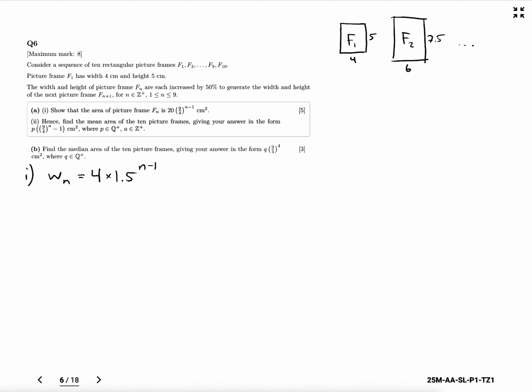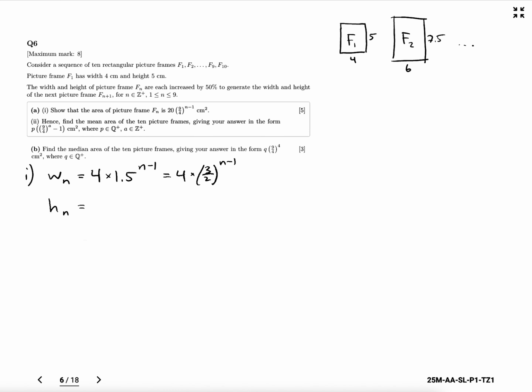And N minus 1 is because we want the factor to just be 1 when N is equal to 1, because the first picture frame gets a width of 4 centimeters, and then the next one you want to multiply by 1.5. And for this question, it's going to be better if we write it as 3/2 to the power of N minus 1.